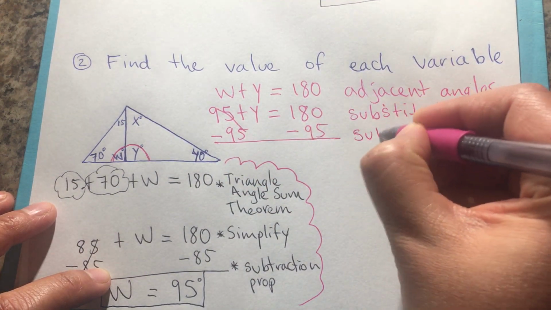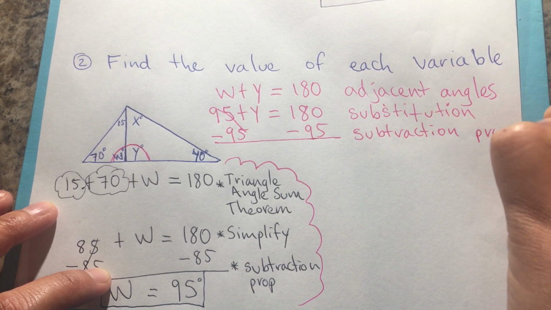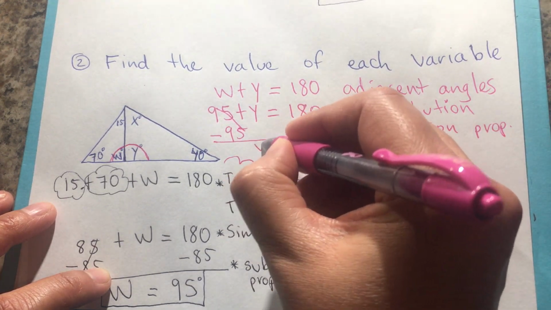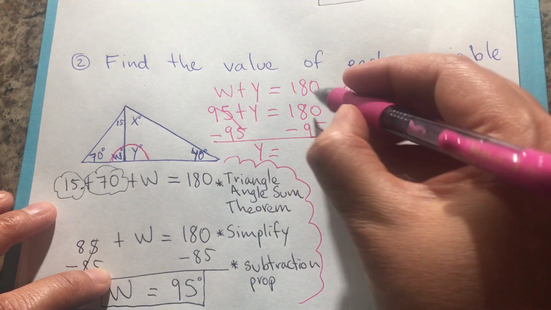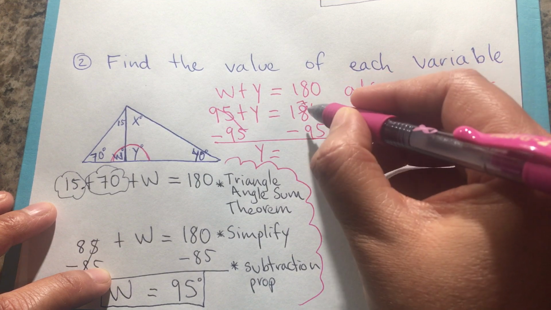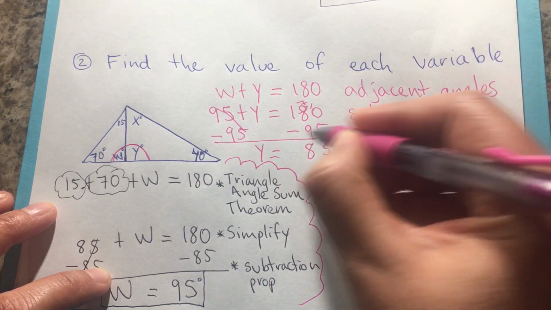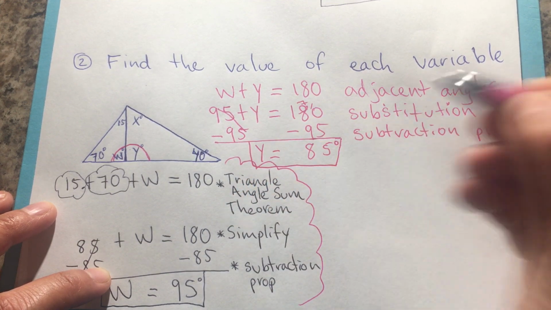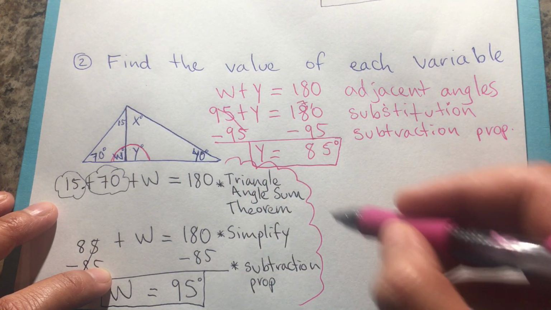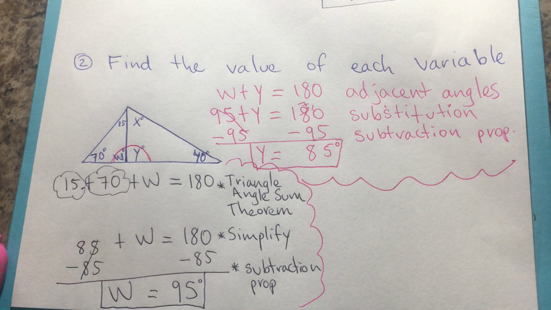So subtraction property. And Y is equal to, we borrow 1, it's 5. 17 minus 9 is 8. So Y is 85 degrees. Okay, we need one more.